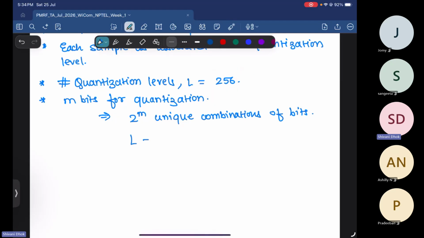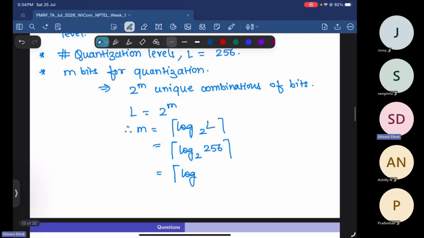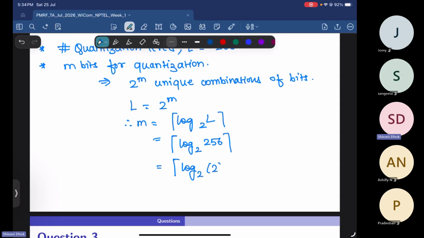So you should have L equal to 2 to the power m, and therefore m is equal to log L to the base 2. In general, if L is not 2 to the power something, we'll have to use a higher number of bits. So here we have log 256 to the base 2, and 256 is 2 to the power 8. So this comes out to be equal to 8 bits.